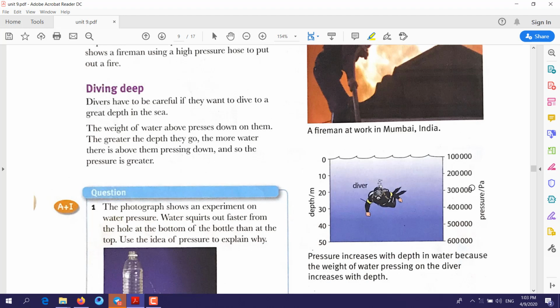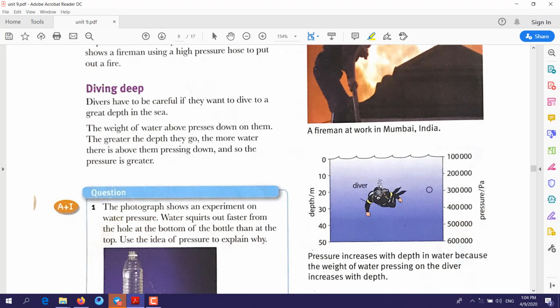And look at the numbers here. They show the pressure. When he is here, the pressure is 100,000 Pascal. When he is down at 10 meters, the pressure will be 200,000 Pascal.